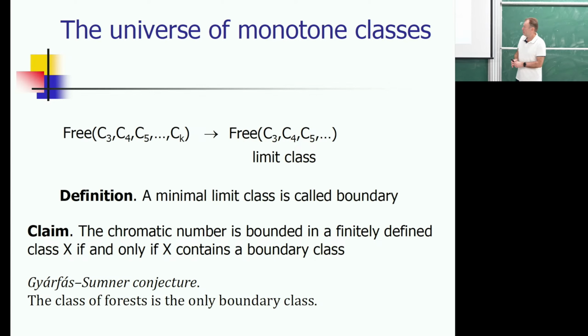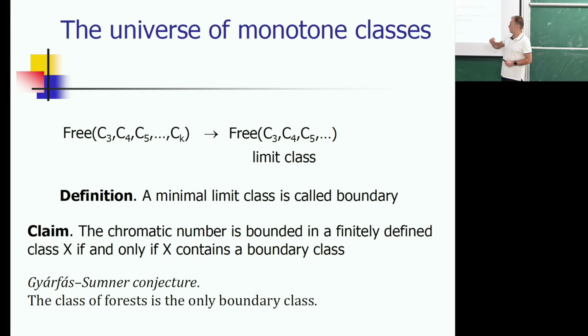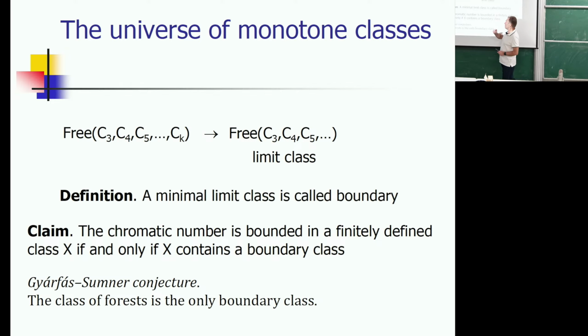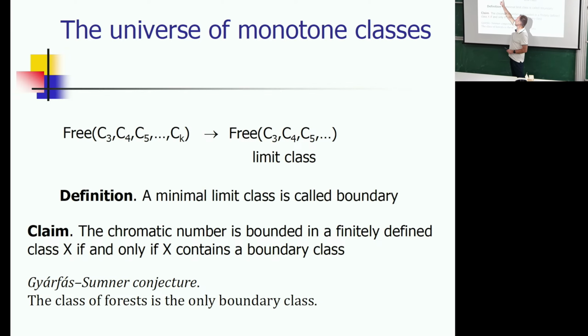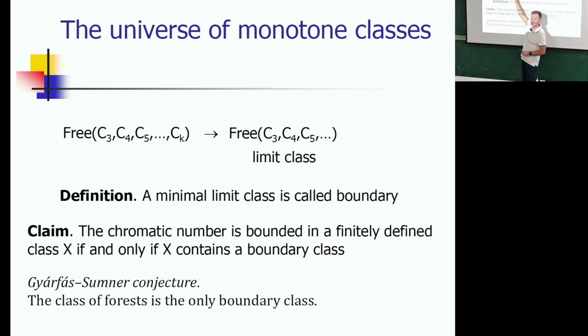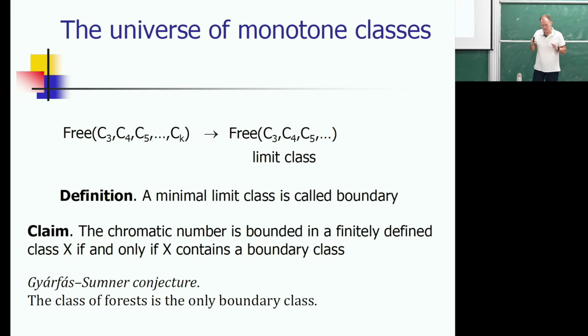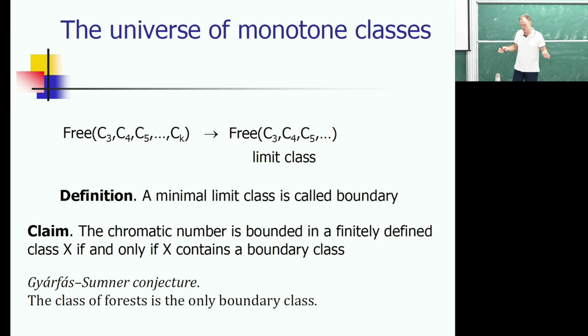On the other hand, if you have a finitely defined monotone class which does not exclude a forest, then it necessarily includes a class of this type for a finite value of k, in which case the chromatic number is unbounded. So, in the universe of monotone classes, the class of forests plays a critical role. It's a critical class. For finitely defined classes, let me emphasize, for finitely defined classes.